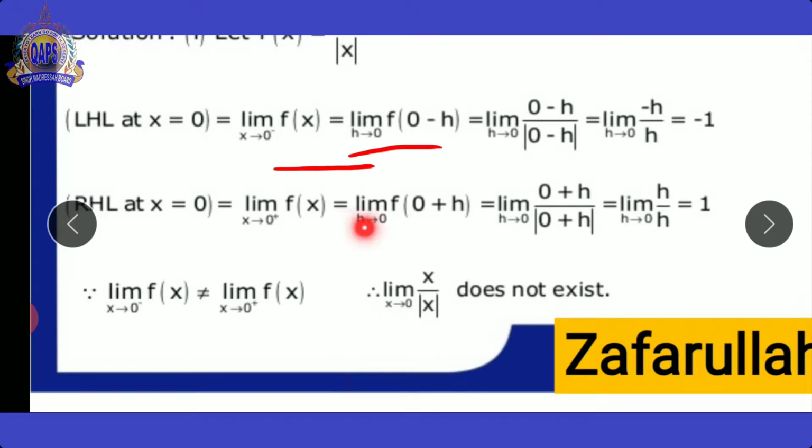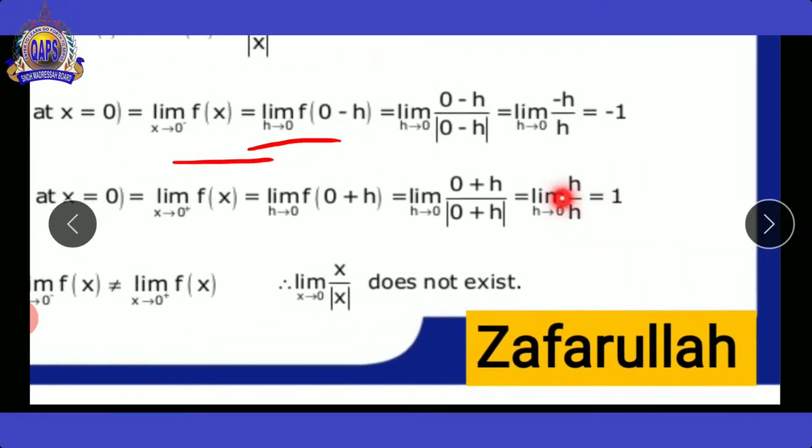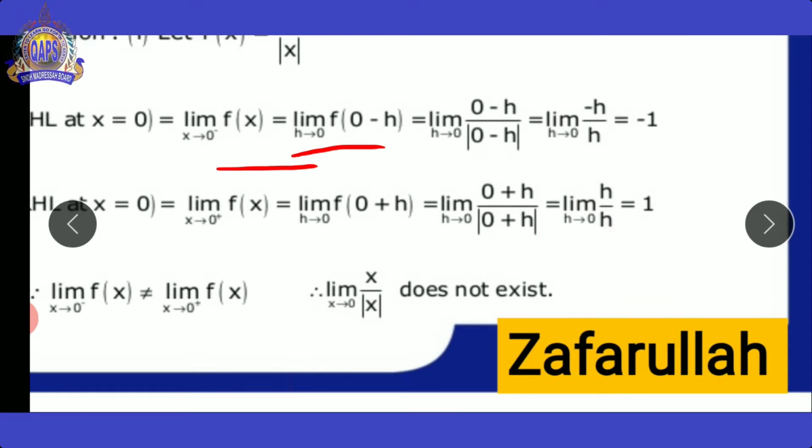So in this sense, as h approaches 0, we take 0 plus h, because it is a very close point which is greater than this point. The right hand limit goes from here to here and the left hand limit from here to here. From the left side we put negative h, and in the right hand limit, from right to left, we put 0 plus h.